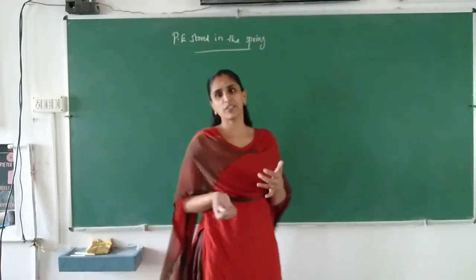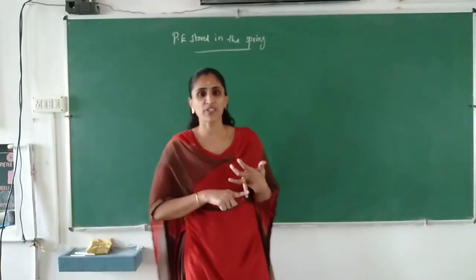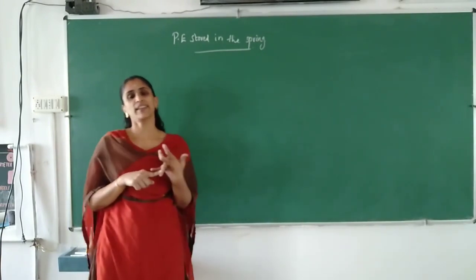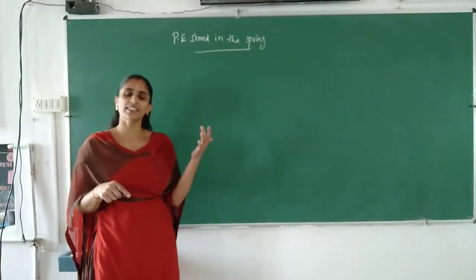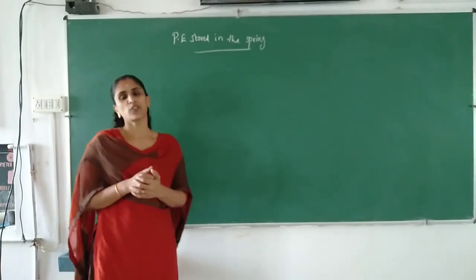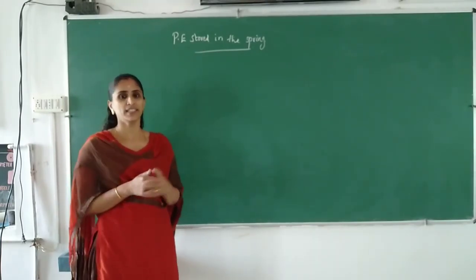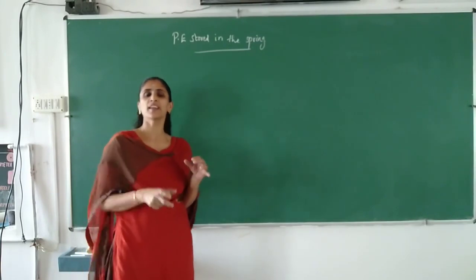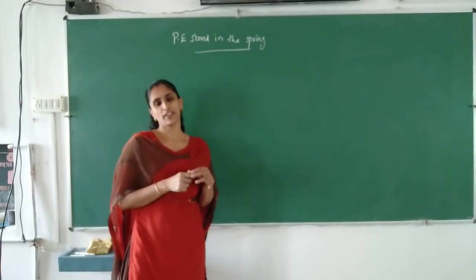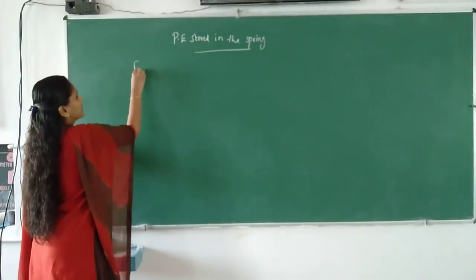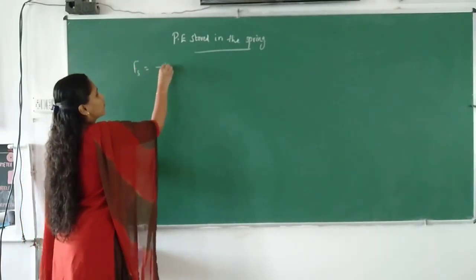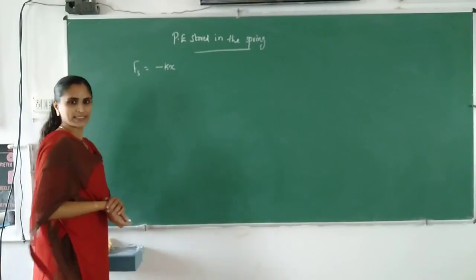Potential energy can be stored as elastic potential energy, gravitational potential energy, or electrostatic potential energy. Gravitational potential energy we already discussed, and here we are going to discuss elastic potential energy, that is, potential energy stored in a spring due to its configuration. Clear? So here we already discussed the expression for spring force, which is given by minus kx.